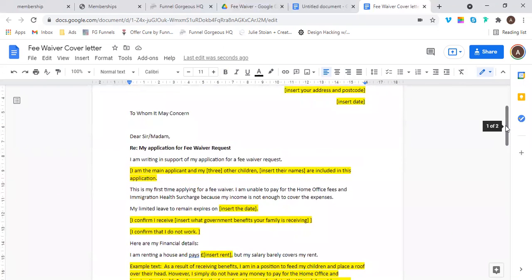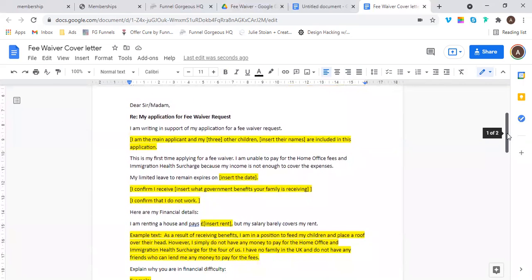But the main thing is, if you have come up with a letter, make sure that it is actually understandable and clear. If you are not confident with your written English, you can ask someone who may be able to help you to read your letter and correct it before you submit your application. It's always good practice to make sure that whatever you send to the Home Office makes sense.